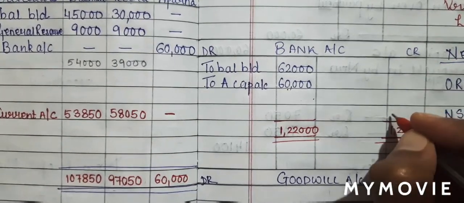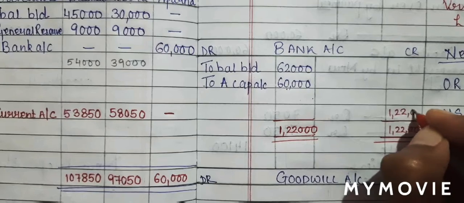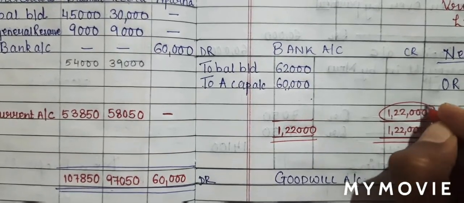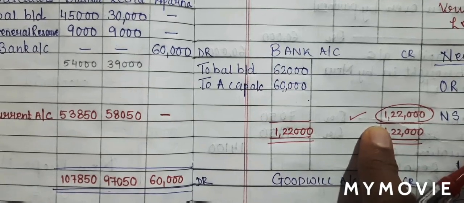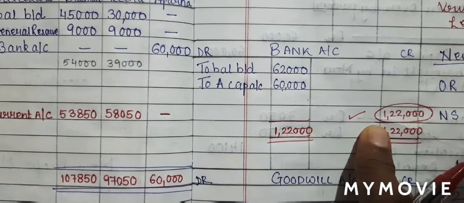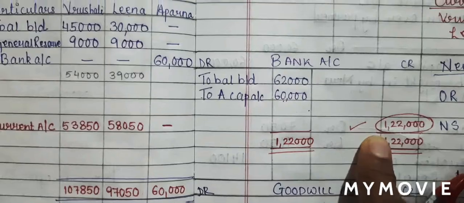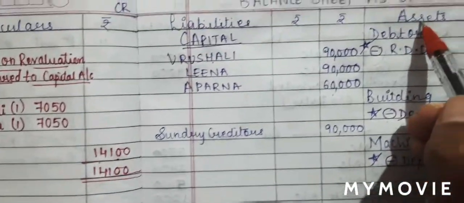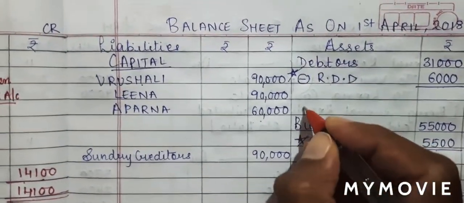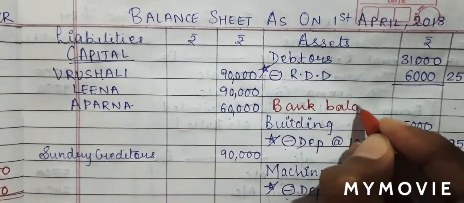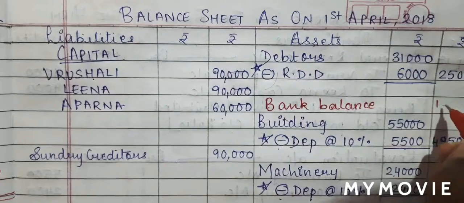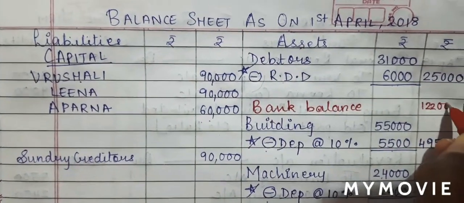There is nothing to minus, so I'll have the same total 1,22,000. Now this is on the credit side. So if it's on the credit side, it will be written on the debit side. So we will write this amount on the asset side. So on the asset side, students, I will write down bank balance 1,22,000.